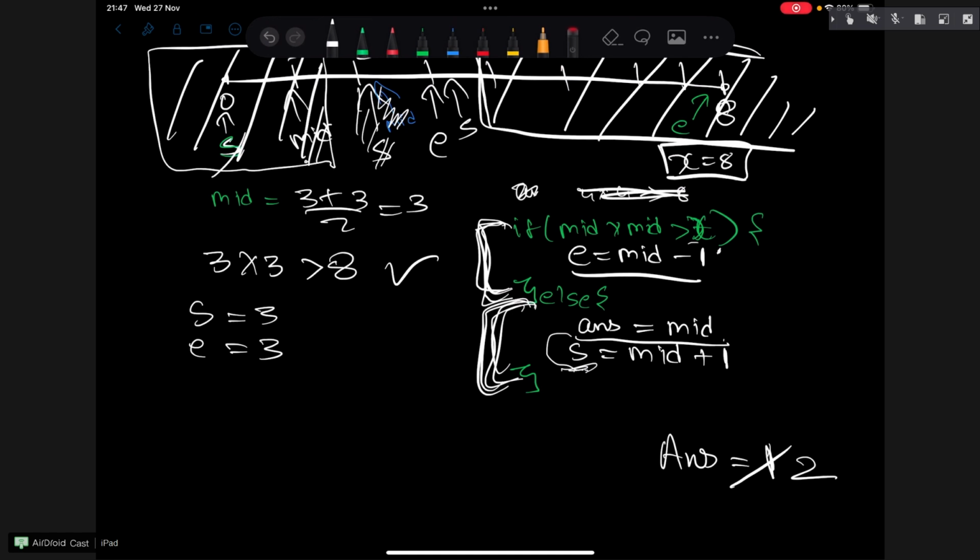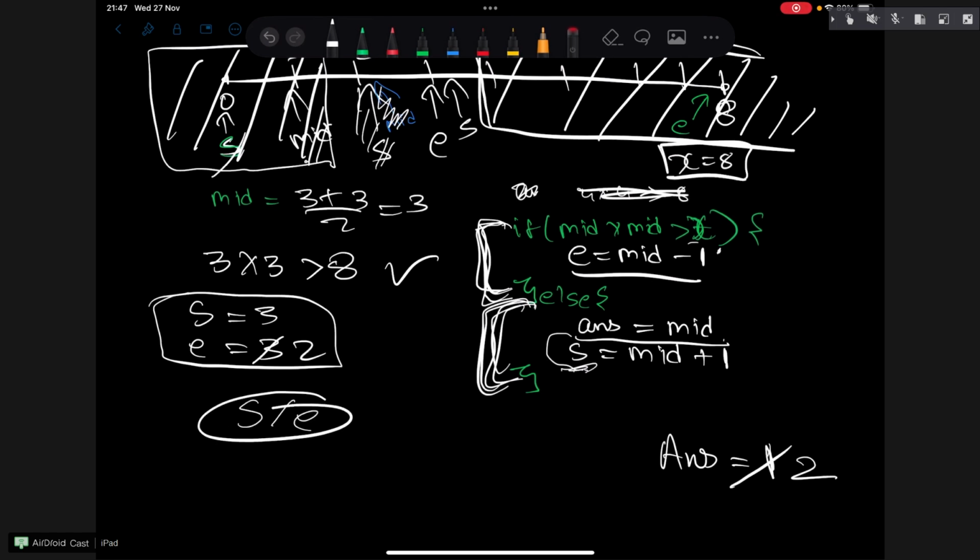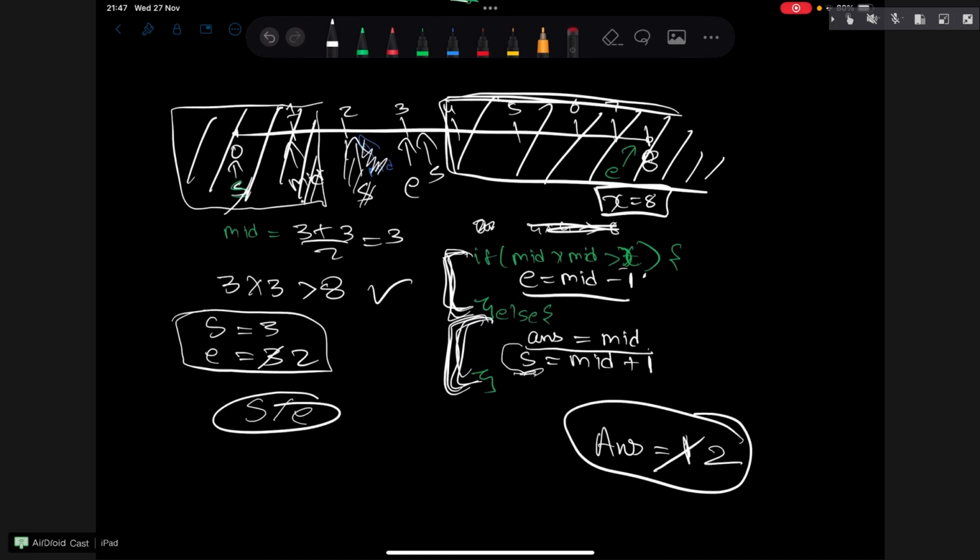After this, the end pointer will point at 2. Now if you see carefully, s and e have overlapped each other. At that point we will stop the loop, and whatever was in the answer, I'm going to return it as the real answer. So this was the dry run for x is equal to 8.